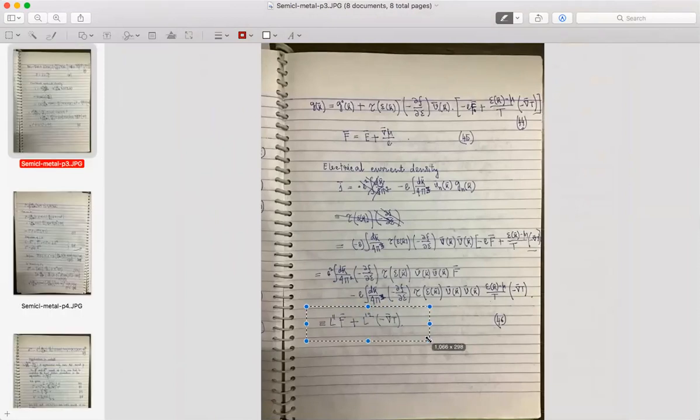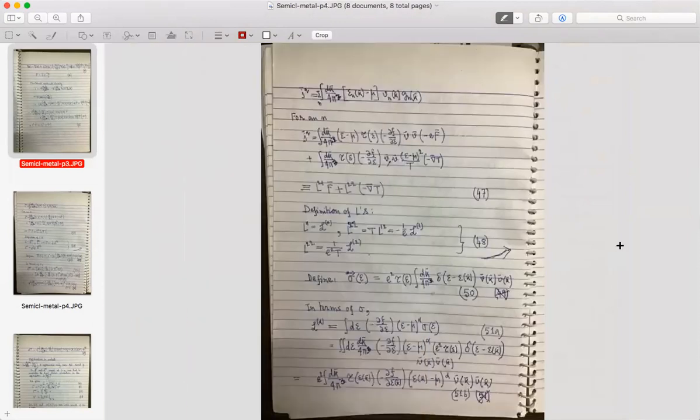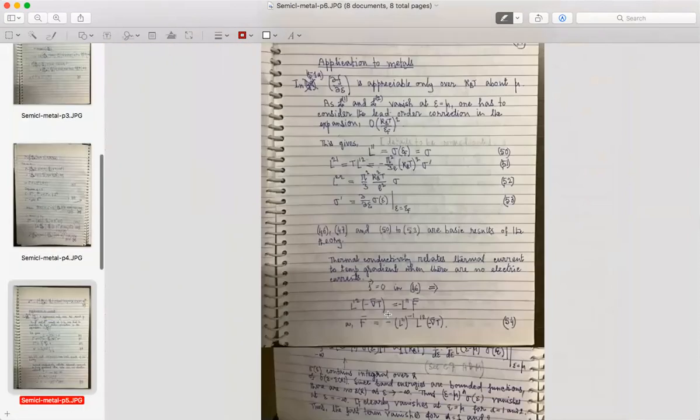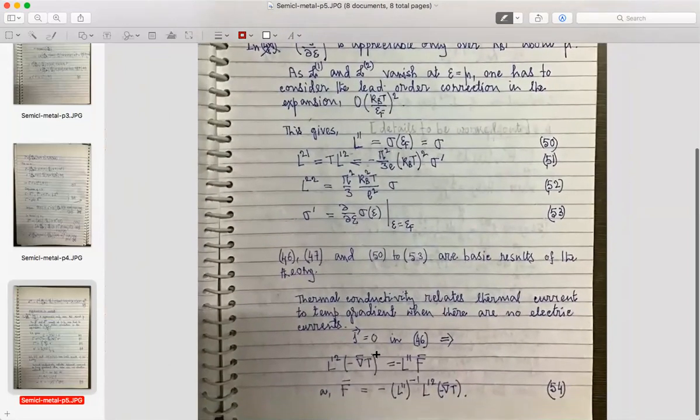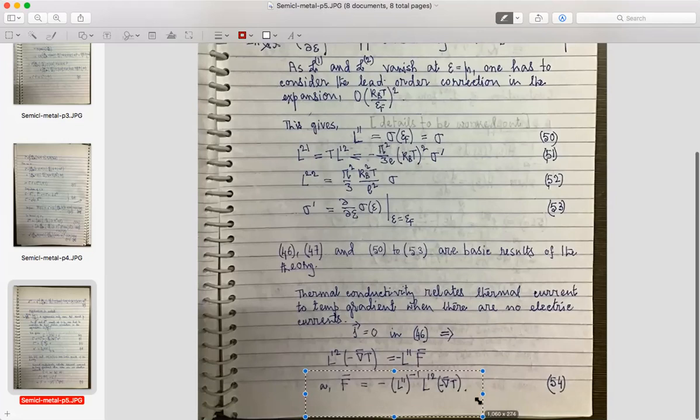So we wrote charge current J in terms of these quantities L11 and L12 and F and grad T. If you put J equal to 0, what we'll have is L12 times grad T is equal to minus L11 F. Or rather, F is equal to this. So that is the condition for the charge current to be 0.